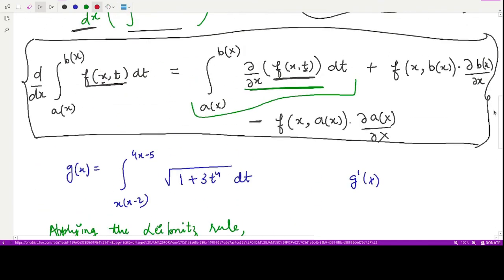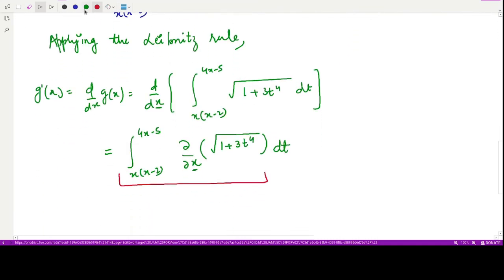Now for the second term, you have to write the function's value, where you replace t with the upper limit first, and then multiply by the derivative of the upper limit with respect to x. So let me write it down.